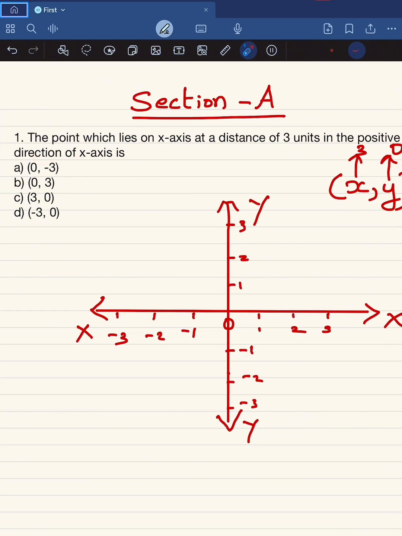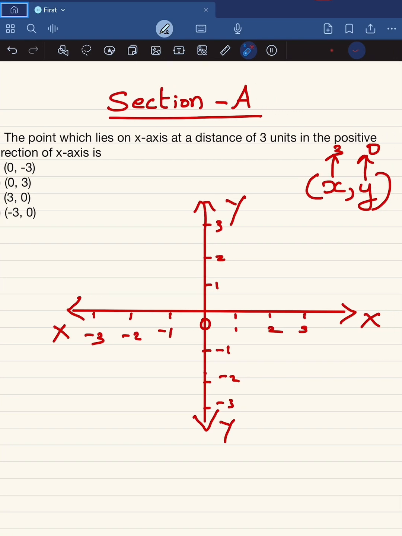That is the question. 4 options are there. This is MCQ type. You can score 1 mark. So first of all, you should know what the x and y axes are.